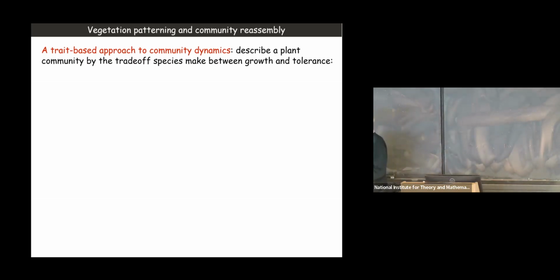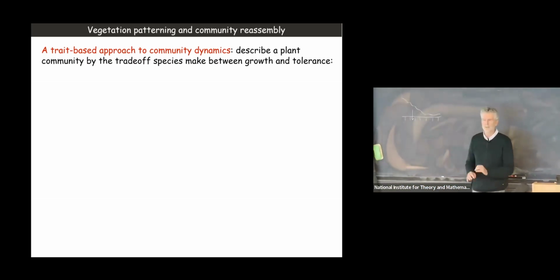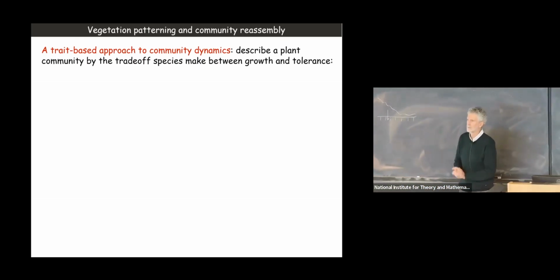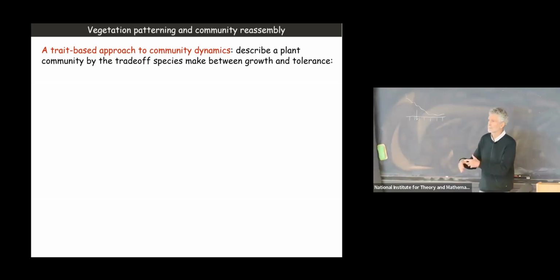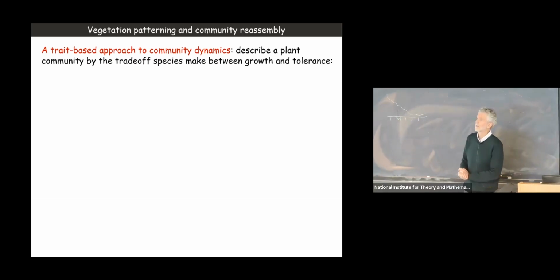This means that we don't follow individual species and all the differences between them, but rather we focus on a few functional traits that are relevant to the context, water stress in that case, and construct a community by focusing on functional groups of species that share the same values of these selected functional traits, okay?